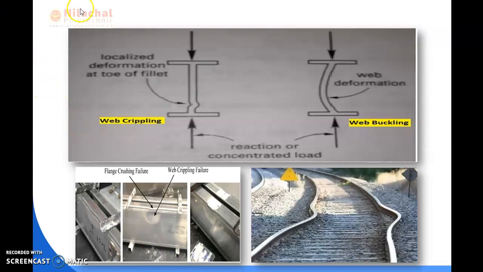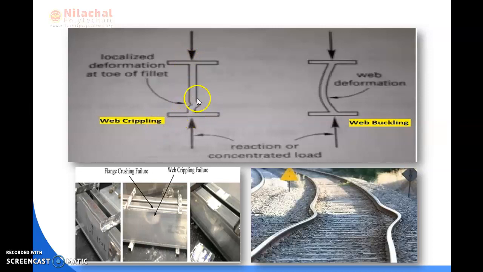Here you can see the first figure. It shows the web crippling part. You can see this is a curved section which develops nearer to the flange section. So I know that whenever web crippling occurs in a beam, it should be nearer to the flange.